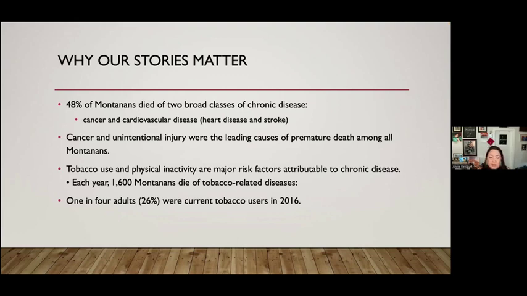So we think about not only smoked tobacco, higher among American Indian communities, and so that's important. And all of this corresponds to risk especially with regard to cancer and heart disease. So we see those things really interrelated. And then physical inactivity.